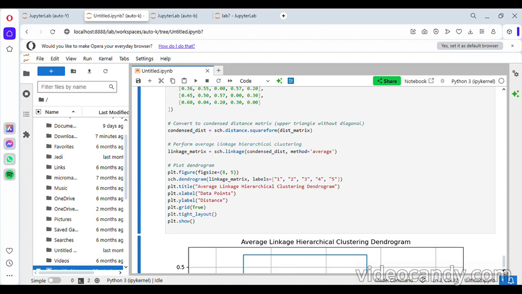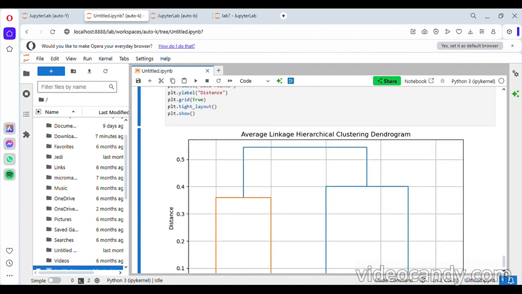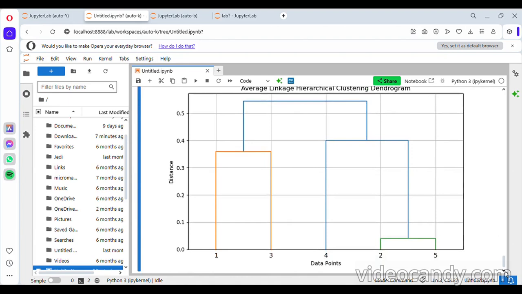Then we have sch.dendrogram with the labels 1 to 5. Then the plot title, x label and y label are defined, and the grid is set to true.